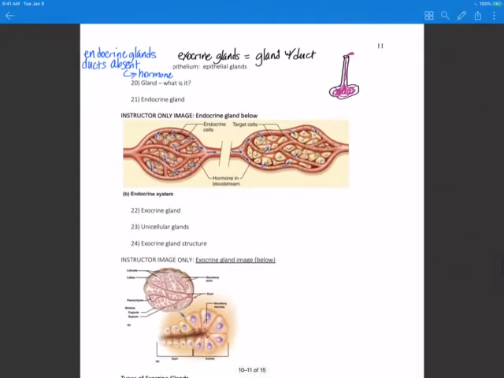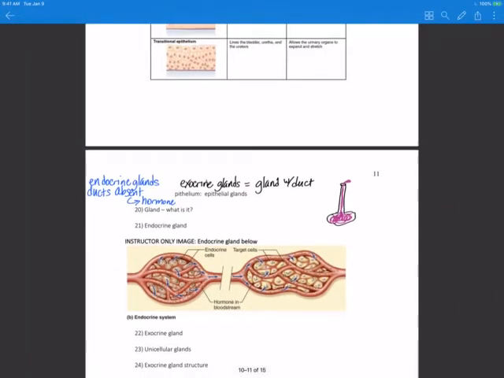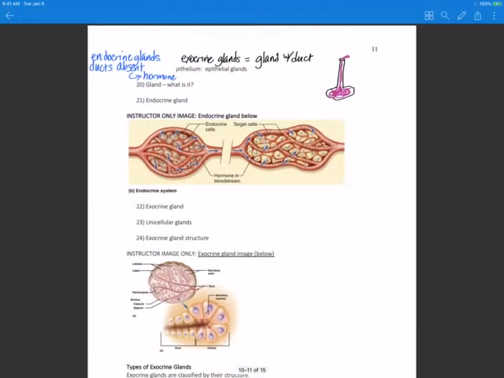For example, I want to discuss glands. Epithelial tissue can serve as covering and lining different parts of the body, but it can also serve as glandular tissue. So glandular epithelium, or glands made of epithelial tissue, include both endocrine and exocrine glands.